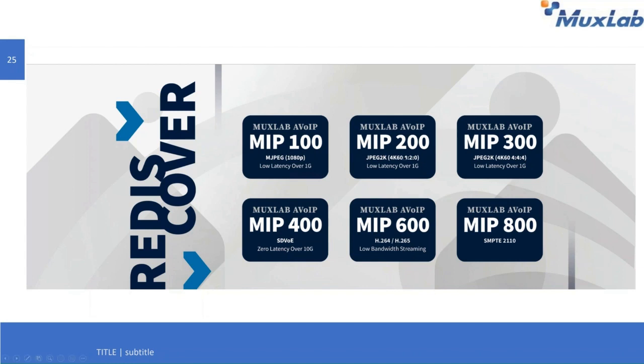If you want to do 4K 60 420 or 4K 60 444 with JPEG 2000, you can use these families, the 200 and the 300, and you can contact the Moxlab sales team to get more details about them. If you want to do SDVoE, we have the 400 series. And if you want to take advantage of SMPTE 2110, we have the 800 series of families.